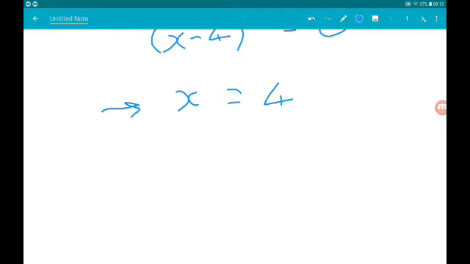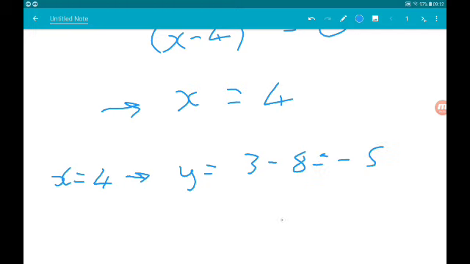So x is 4 gives y is 3 times 4 over 4, so that's 3, minus 8 gives us -5.